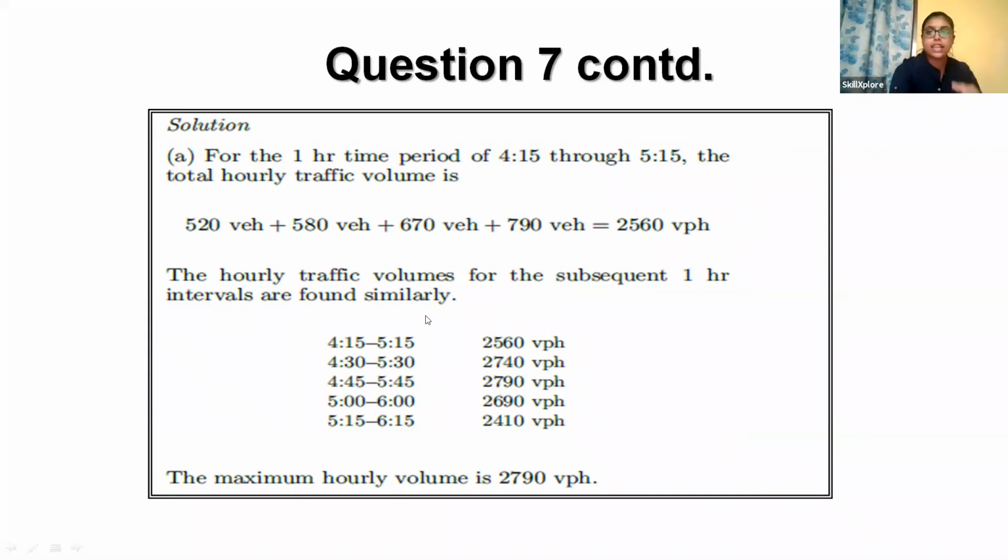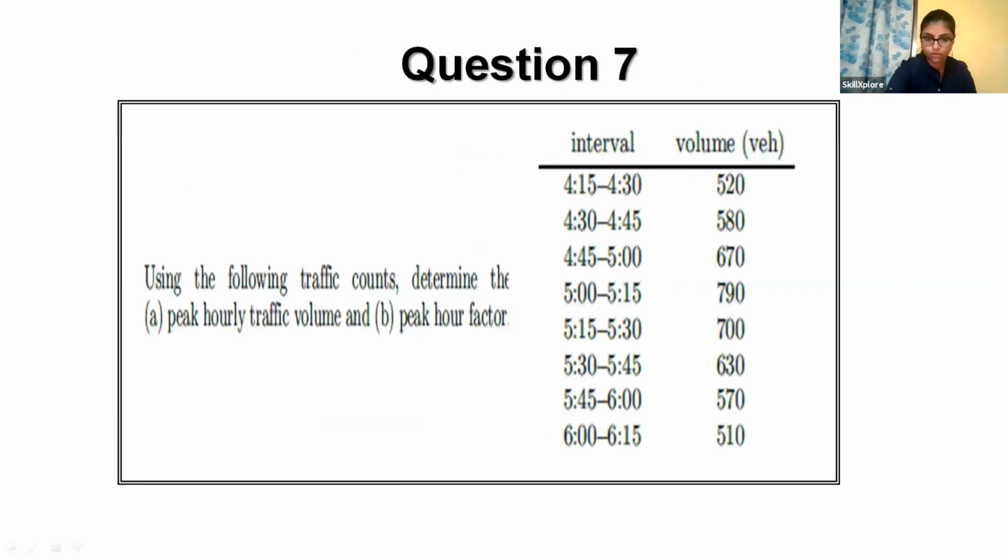Similarly, for all the other 1-hour time periods, you have to identify the maximum traffic volume, the hourly traffic volume. 4:15 to 5:15, you have to identify. Similarly, 4:30 to 5:30: 580 plus 670 plus 790 plus 700.